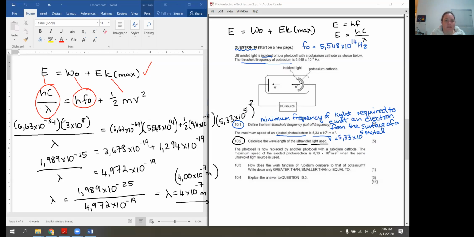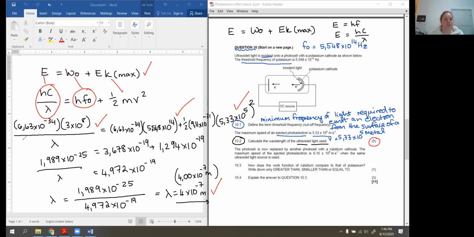Then I subbed in all of my values. It is quite a mission working with these big numbers, and it is very easy to make mistakes on your calculator. So it is so important that you show all of your substitution here, because they'd give you marks there. In fact, if this is out of 5 marks, you would get 1 mark for the formula, 1 mark for this side, 1 mark here, 1 mark here, and only 1 mark at the end for your answer.